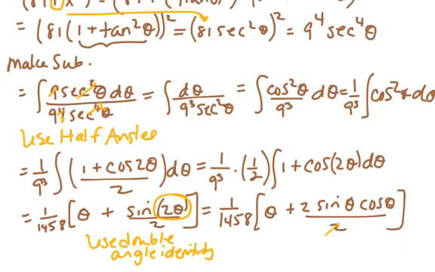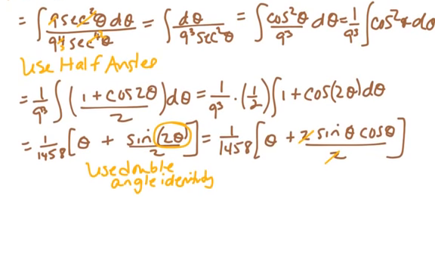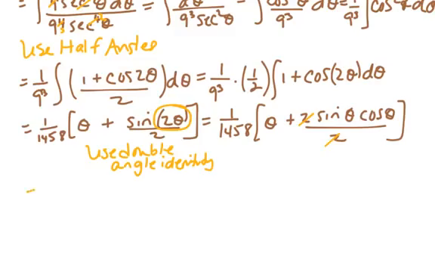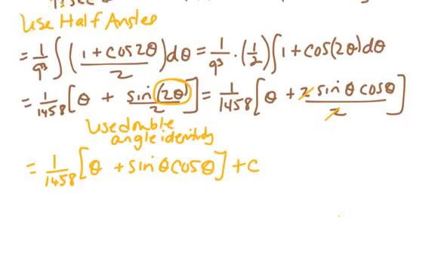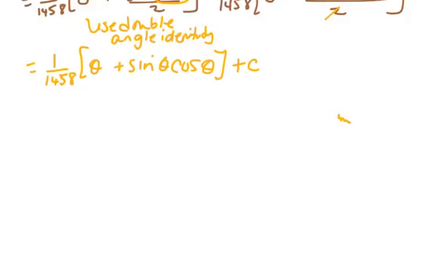So the 2's are going to cancel out, and what I'm left with in terms of theta is 1 over 1458 times the quantity theta plus sine of theta cosine of theta. But again, the original problem was in terms of x, so I need to get back to x. So let's get back to x.